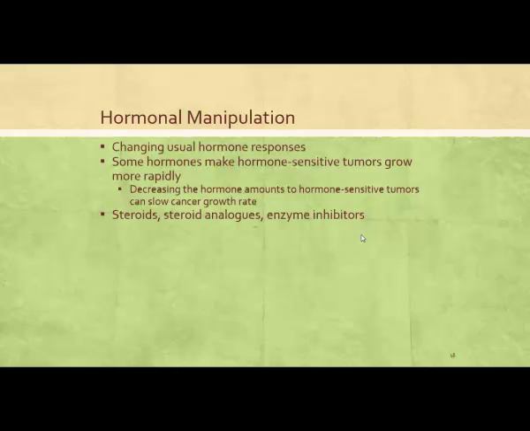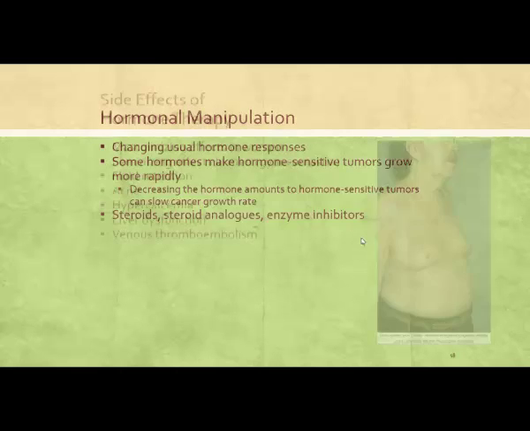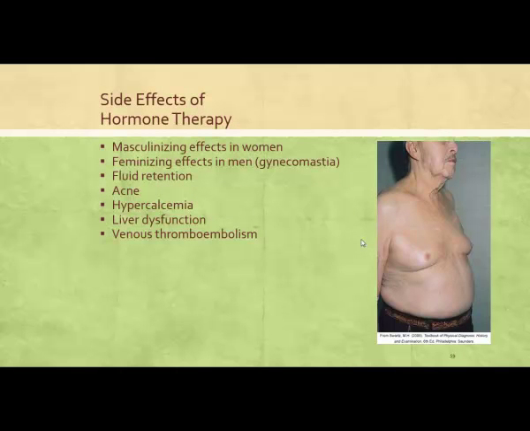Sometimes we can use hormone inhibitors. We also have to provide some education on the side effects of hormone therapy. So the masculinizing effects in women, feminizing effects in men.